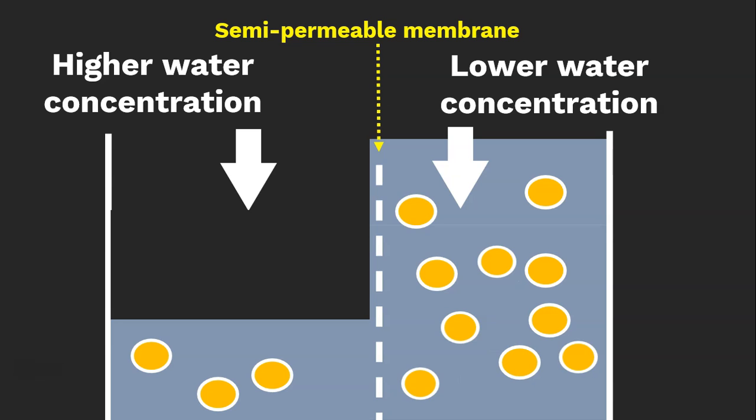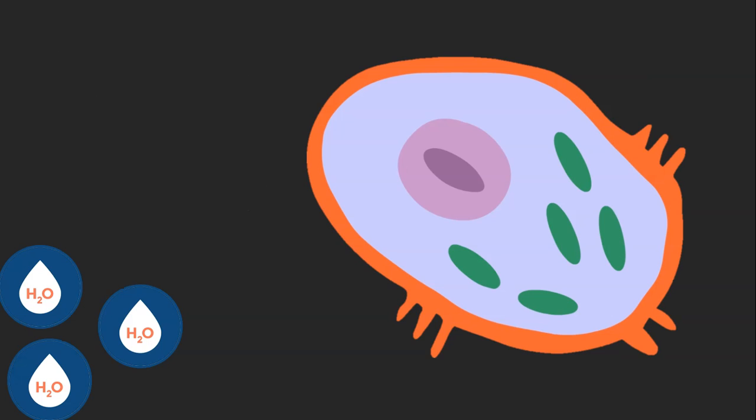So now let's understand this through the cell. A cell, as we know, is the basic unit of life, and it allows all the functions to take place. And even within the cell, substances move in and out of it. Water also moves through the process of osmosis.